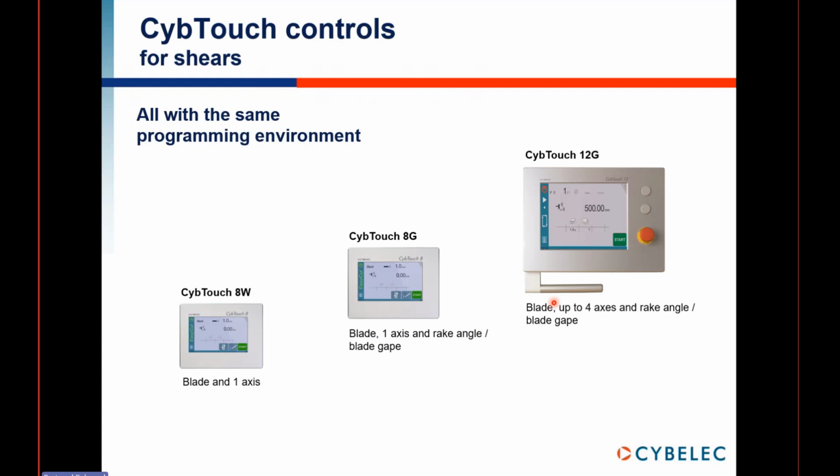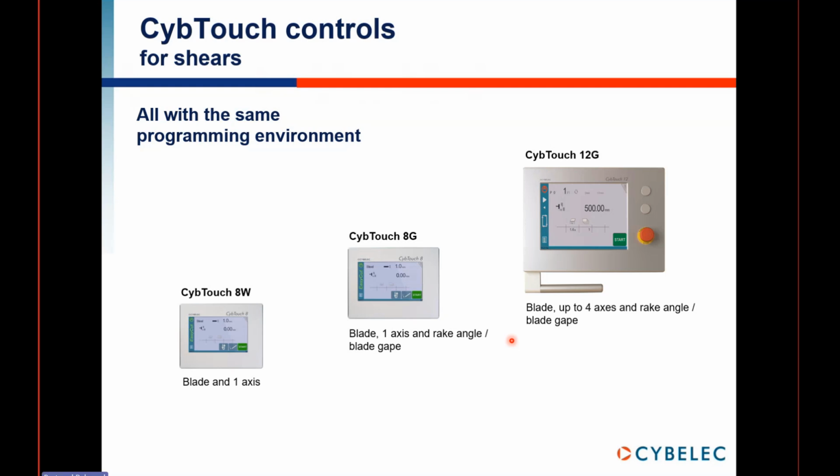For shears, we have 3 models: the CybTouch 8W, 8G, and 12G. The main difference between 8W and 8G is that with 8W, it's not possible to modify the angle and the cutting length with a potentiometer.